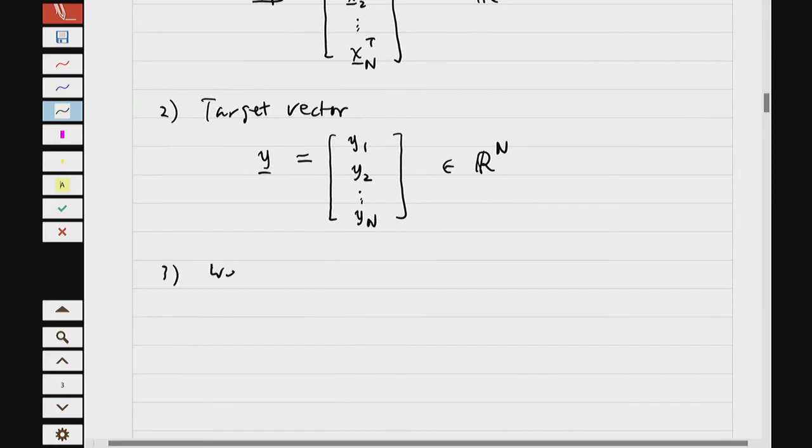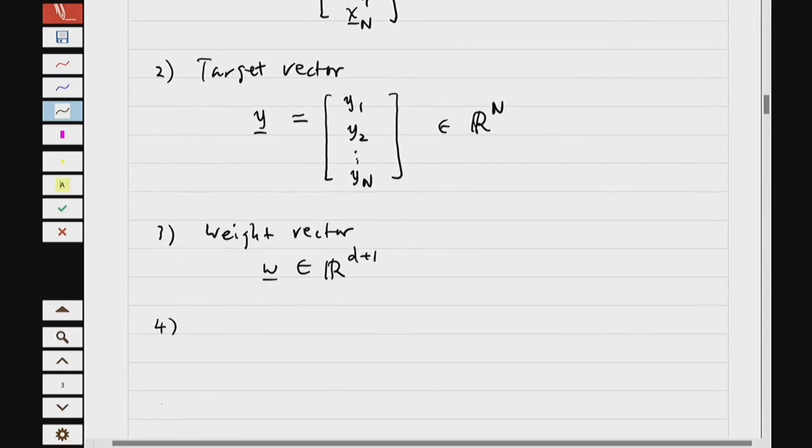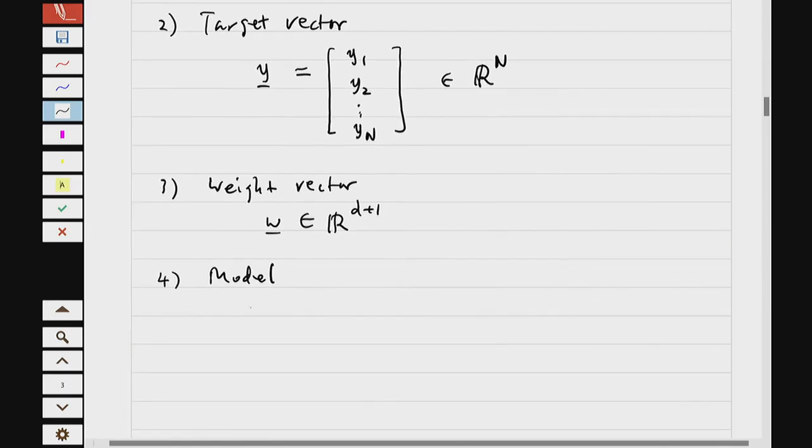And of course, we also have the weight vector W, that you already know is a d plus 1 column vector. After this definition of variables, we can rewrite our linear regression model in the vector form as well.